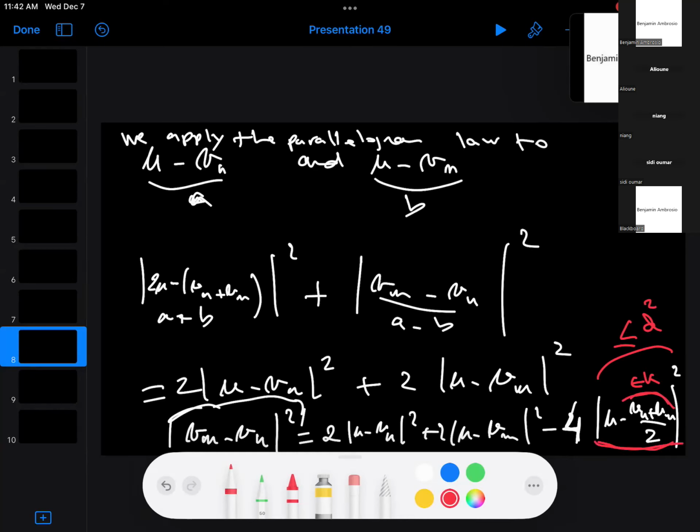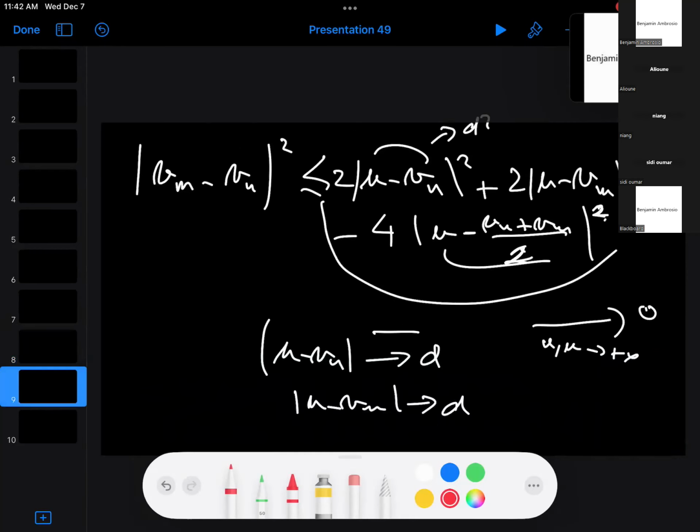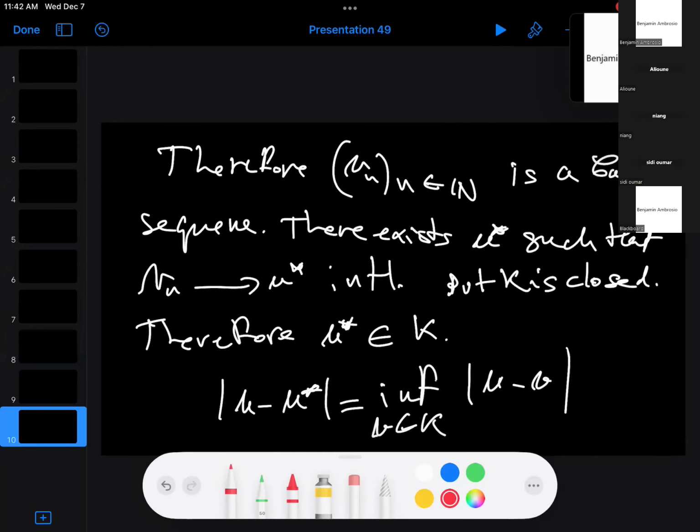So if I multiply by minus, it will be smaller. So finally, I obtain this estimate, and now the right-hand side converges to 0. So we have that Vn is a Cauchy sequence. So it converges to some u star, and finally we have the result.